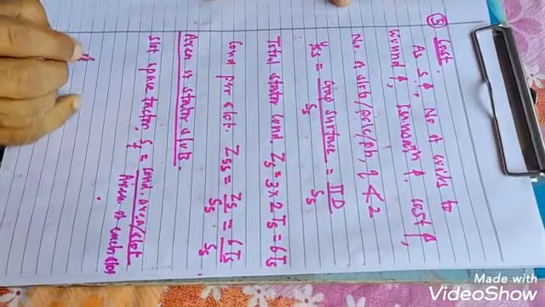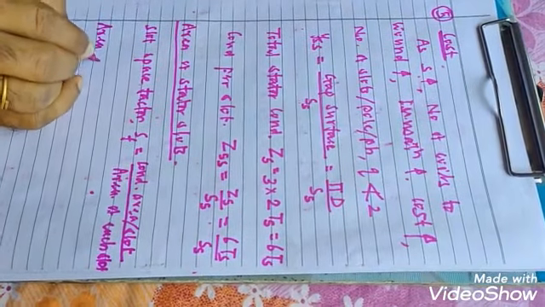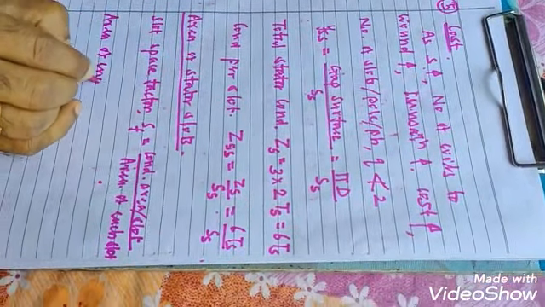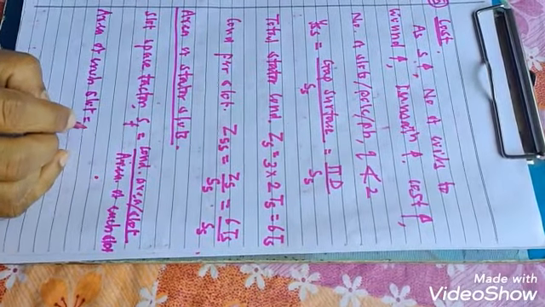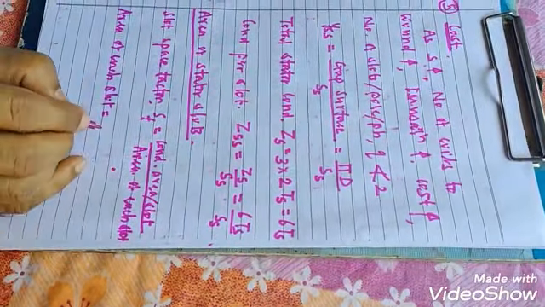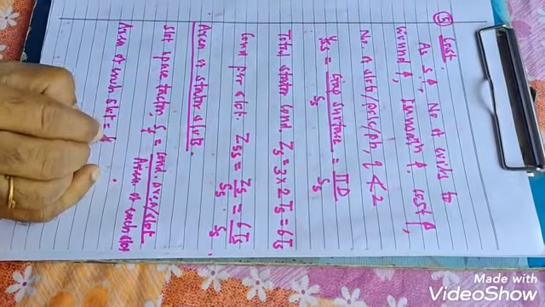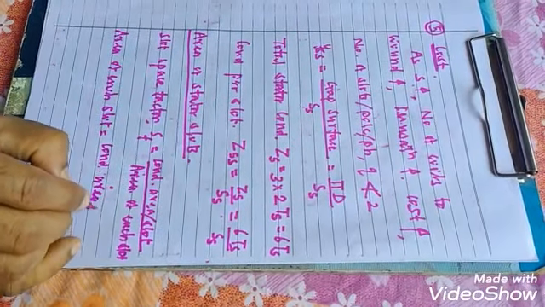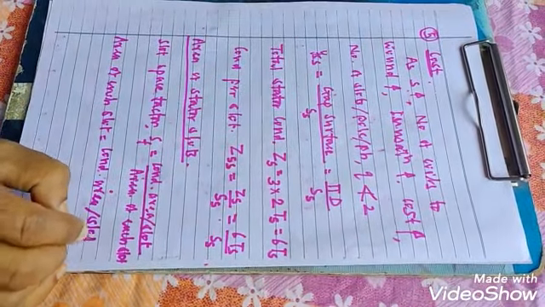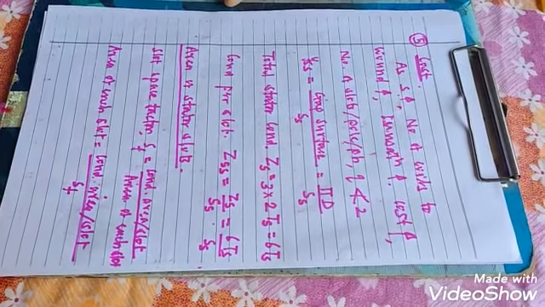So from this, the area of each slot is equal to conductor area per slot upon slot space factor SF.